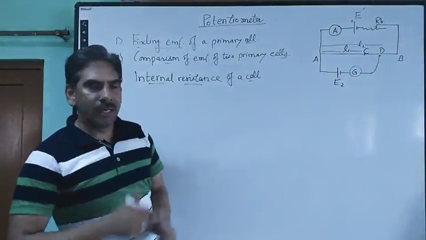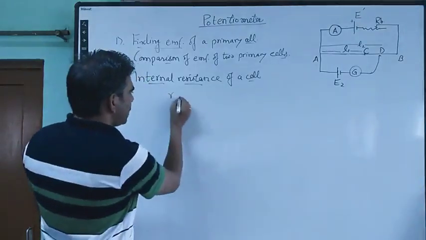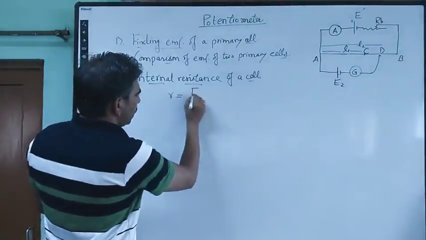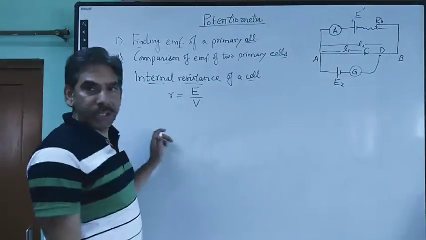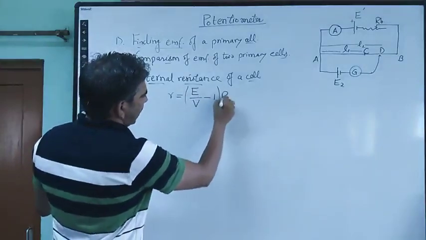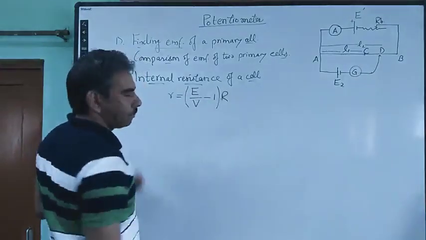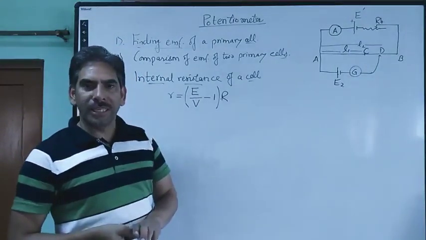So how do we find it? For that we already know the formula. Internal resistance r is equal to E, the EMF of the cell, divided by V, the terminal potential difference, minus 1, whole multiplied by the external resistance R. This is the formula we already know for the internal resistance.